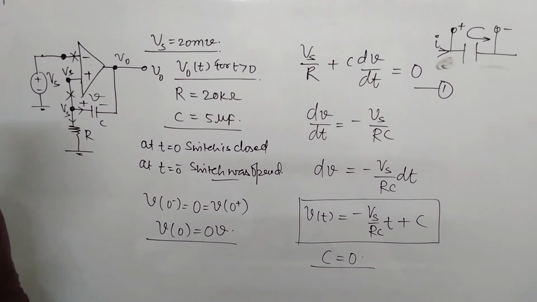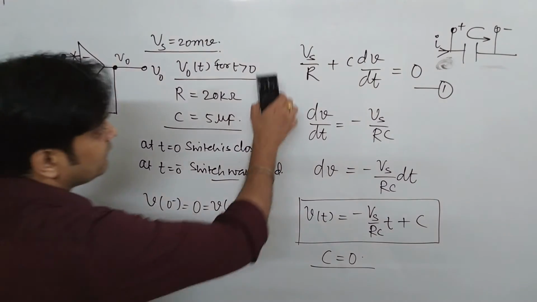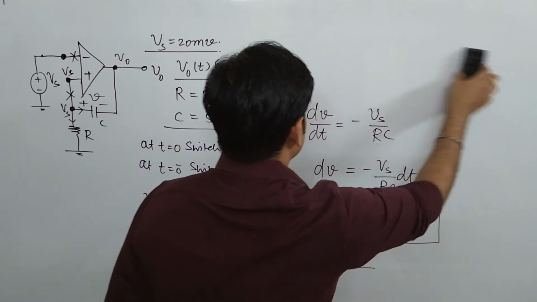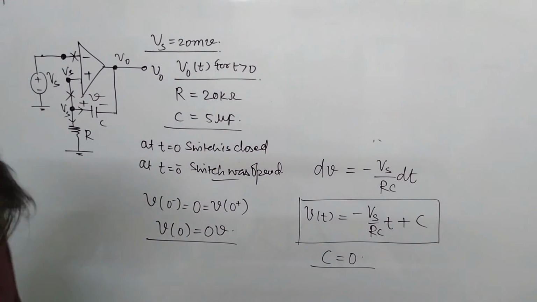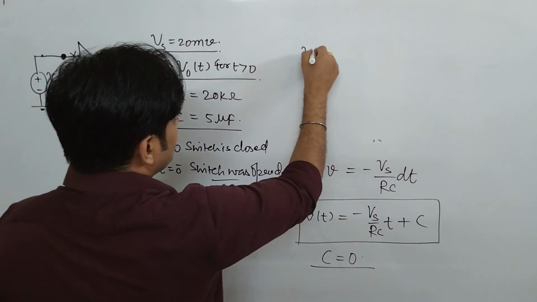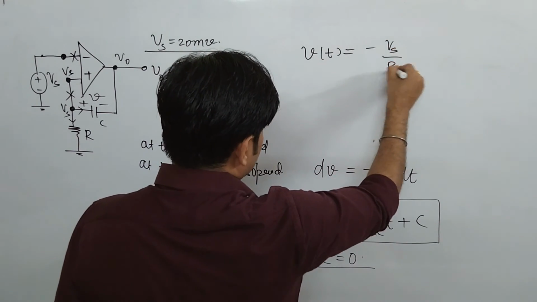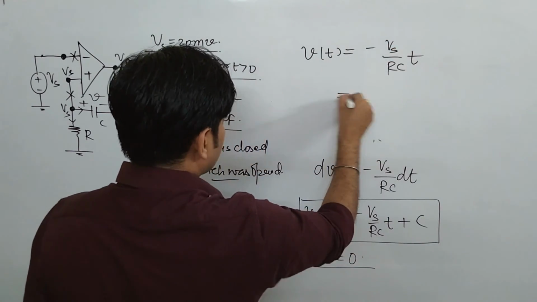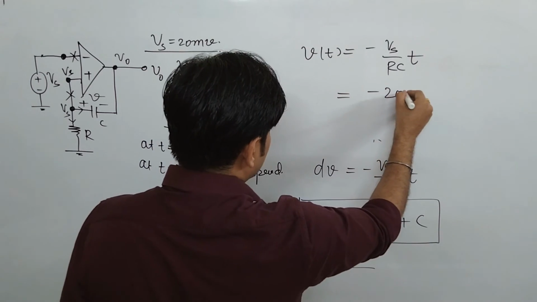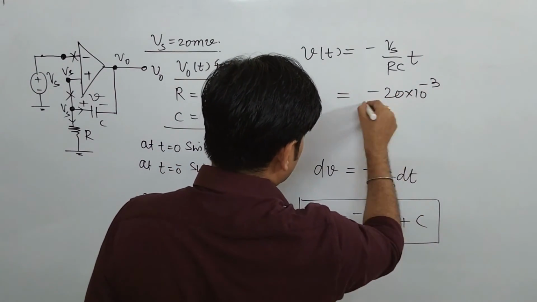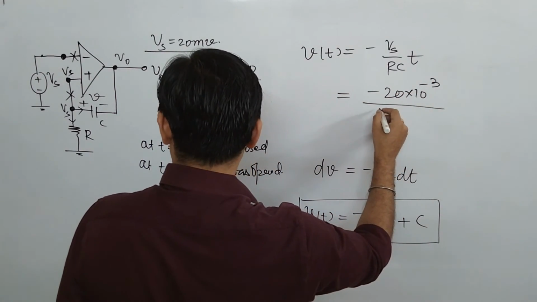So from here, one thing is clear: if I solve it in the form of V(t), the value of V(t) comes to be minus of Vs by Rc into t, or if you solve this, it comes to be minus of 20 into 10 to the power minus 3 upon, what is R?